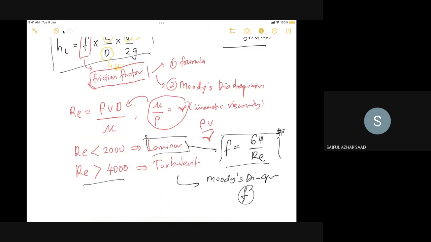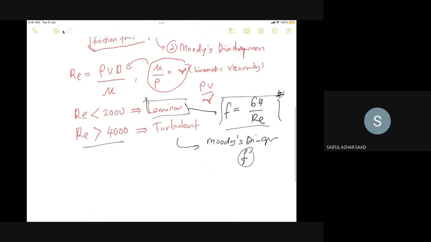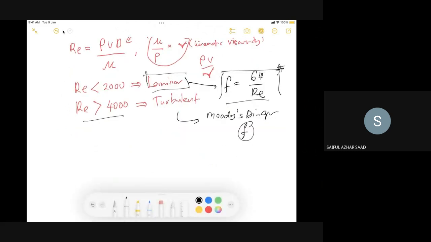So by now you should understand the purpose of experiment number 6: we want to differentiate between laminar and turbulent flow so that we can calculate the Reynolds number. If you remember, during experiment 6 you put in a dye. Let's say the pipe is horizontal and I put a red dye here. For laminar flow, you will see that the flow is almost a smooth line.